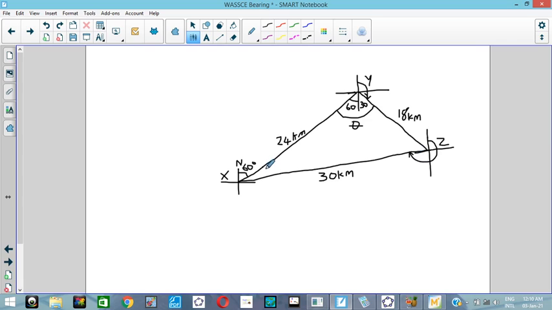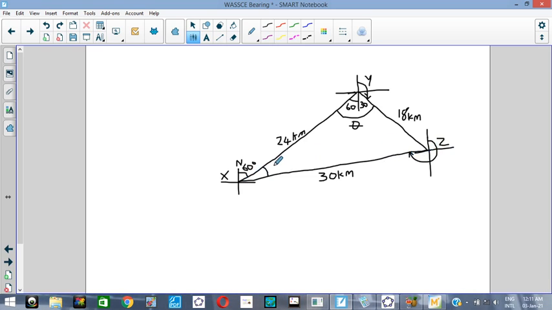Remember, this is 60 degrees. So what I get here, I add it to 60. If it's greater than 90, that means our bearing from X to Z is going to be somewhere here, and this place is supposed to be downward. But if the value is less than 90, that means this drawing is correct. So we just get the alternate angle, and that is all.